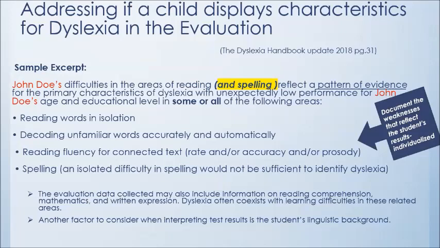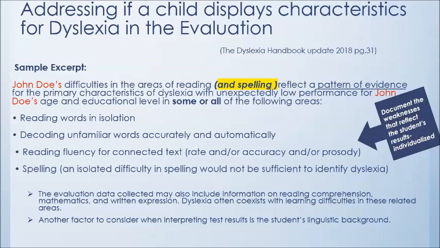And I put here an example excerpt which indicates, for example, John Doe's difficulties in the areas of reading or spelling, if he shows those areas, reflect a pattern of evidence for the primary characteristics of dyslexia, with unexpected low performance for John Doe's age and educational level in some or all of the following.